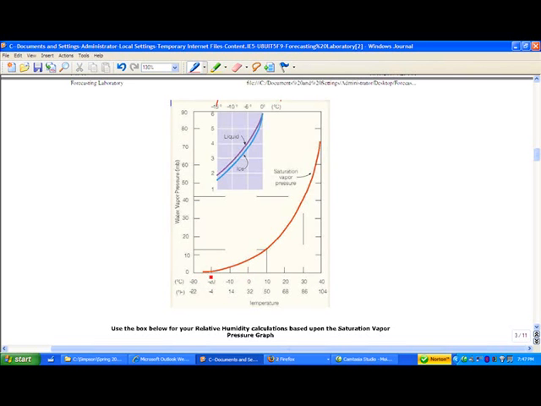Now, the air that is over the Dakotas, the actual temperature in degrees Celsius was minus 33, and the dew point was minus 37. And so it's very close to this saturation vapor pressure curve. In fact, it's almost sitting directly on top of it.